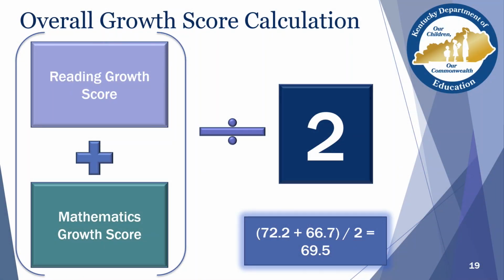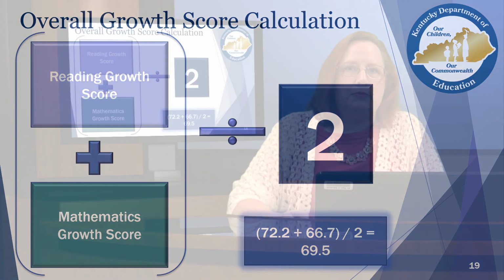Using our previous calculations, let's do this. Our reading growth score was 72.2 and our math growth score was 66.7. When we add those together, we get 138.9. Let's divide by 2. Our overall school growth score is 69.5, rounded to 1 decimal place.